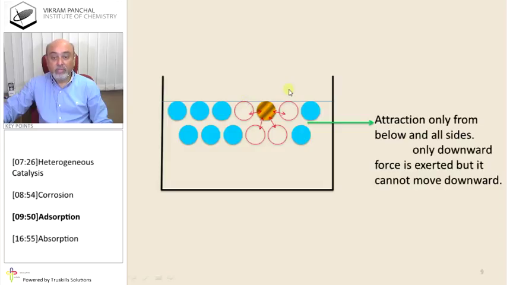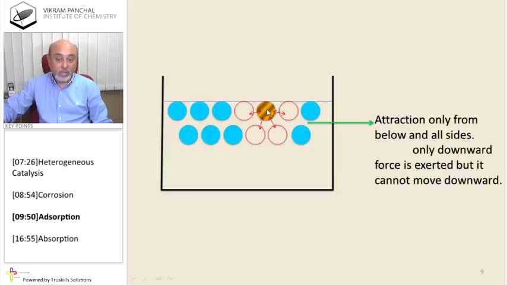So here, this space is empty at present because there is no other molecule over here. So here, attraction is only from below and all sides. And therefore, only a downward force is exerted, but it cannot move downward.